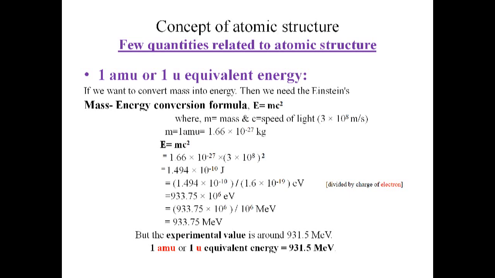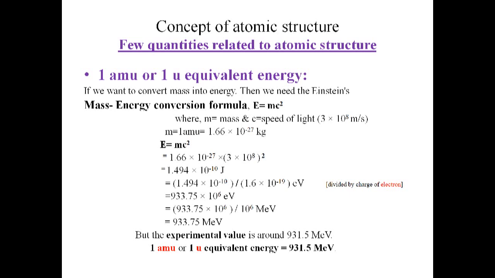Now we learn how to convert these units. If we divide the energy in joule by the charge of the electron, 1.6 × 10^-19, it is converted into electron volt. And if we divide this electron volt by 10^6, it is converted into mega electron volt.